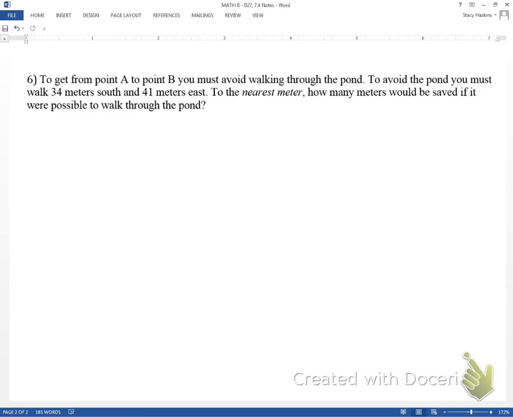Again, we have a story problem here, and there's no picture to go along with it, so you might have to draw what you're seeing, or what you're reading about. To get from point A to point B, you must avoid walking through the pond. To avoid the pond, you must walk 34 meters south. South. Isn't that like down? 34. And 41 meters east.